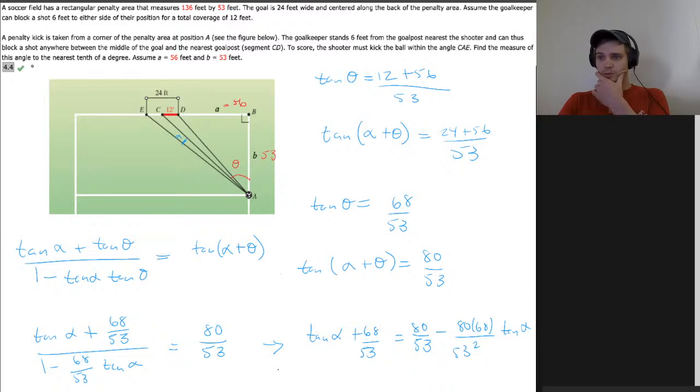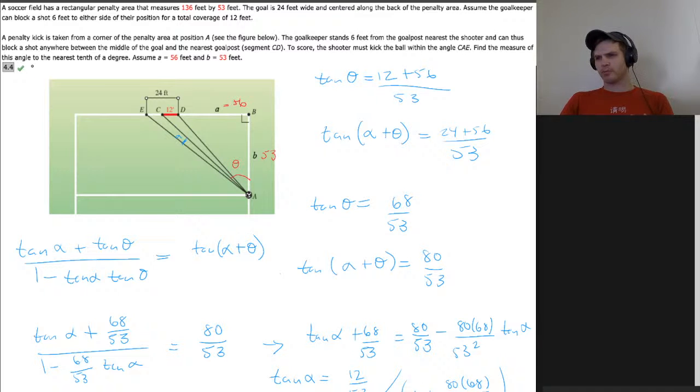And then we'll get tangent alpha equals 80 minus 68 is 12 over 53. Got to divide that by 1 plus 80 times 68 over 53 squared.